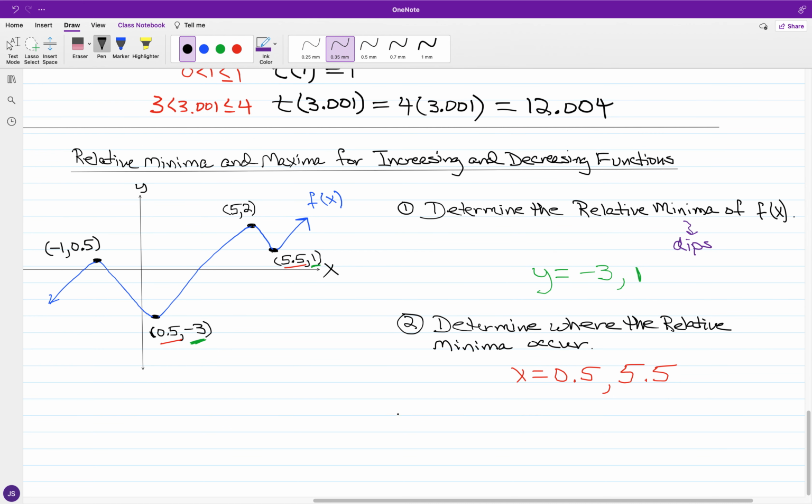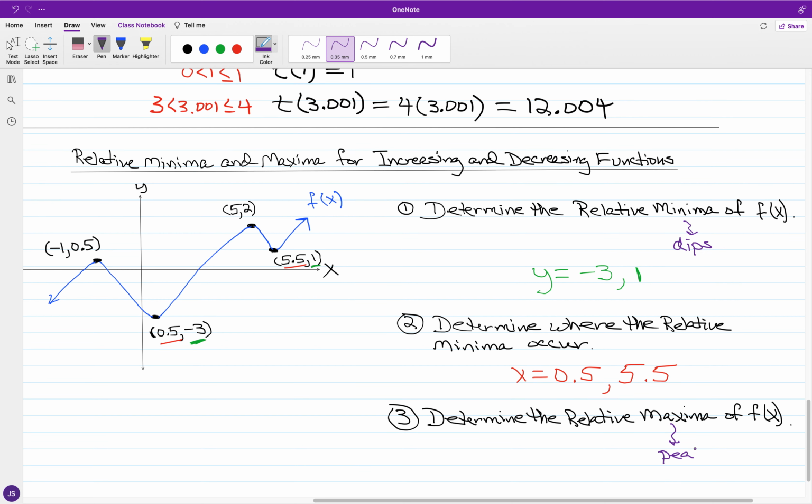Now in terms of where the relative maxima occur, instead of the dips, you'll be looking at the peaks, the relative peak points.